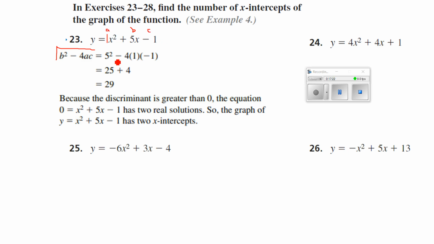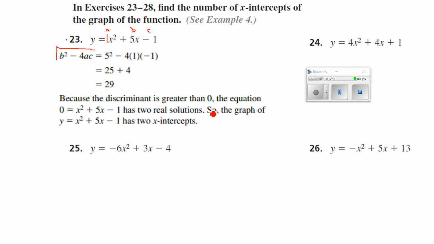So over here we've got b squared, it's going to be 5 squared, minus 4 times 1 times negative 1. So we've got 5 times 5 is 25, and negative 4 times negative 1 is 4, and now we have 25 plus 4, which is 29.